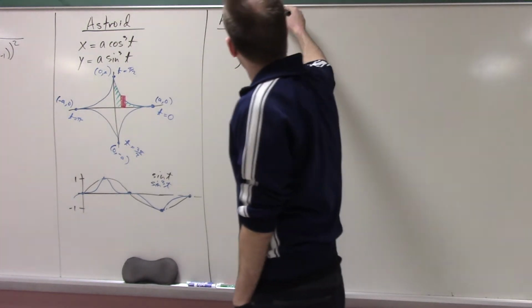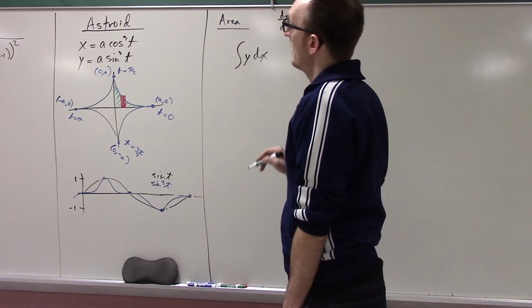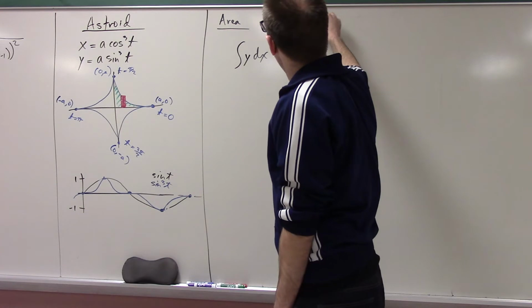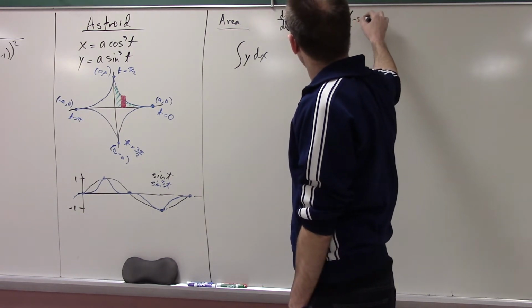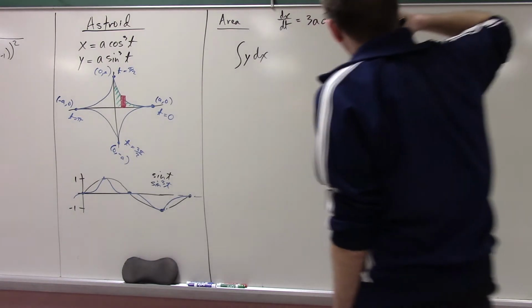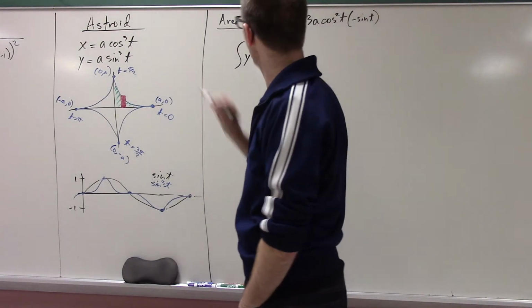And well, what is dx? I can calculate dx/dt. It is 3a cosine squared t times negative sine t. And y is that thing.